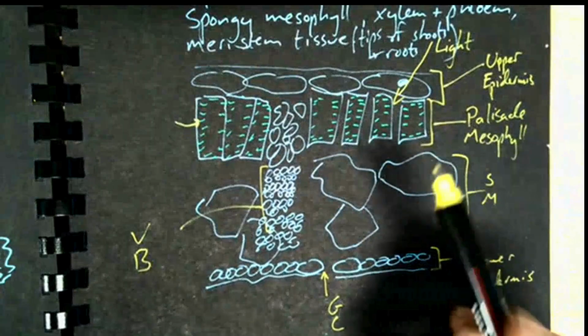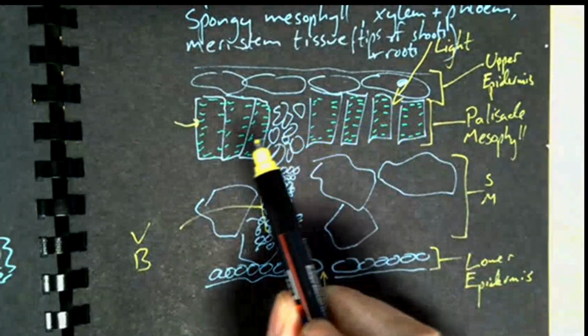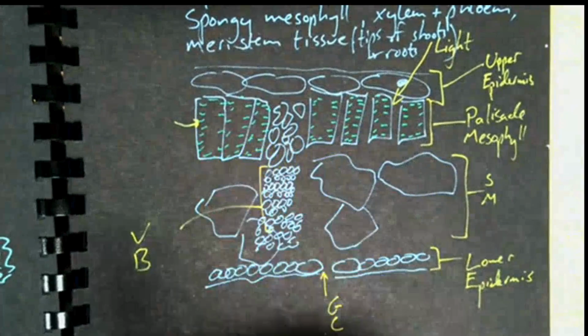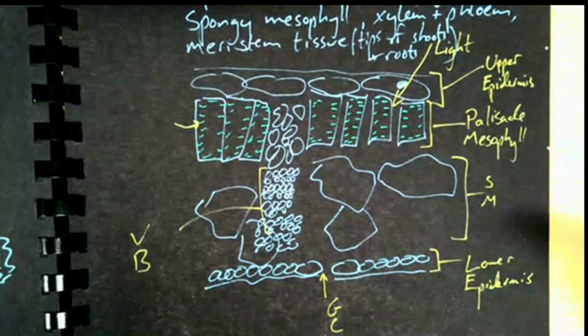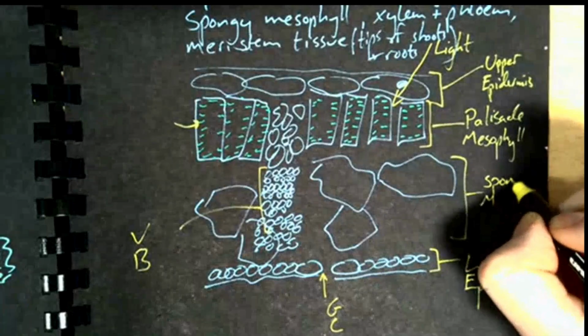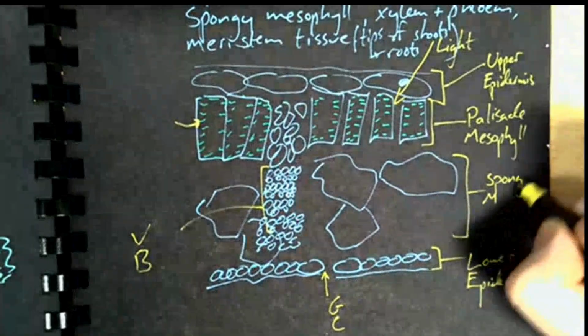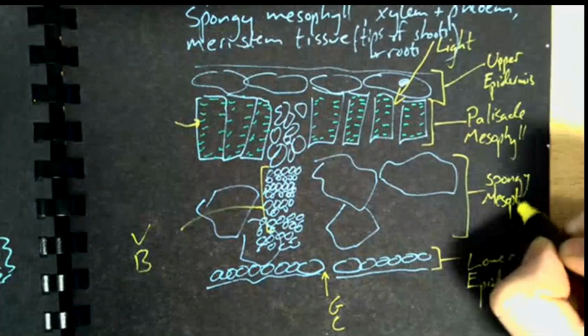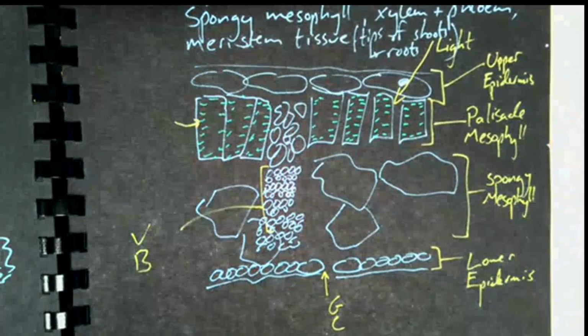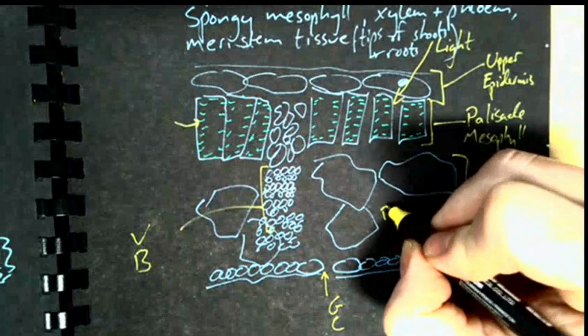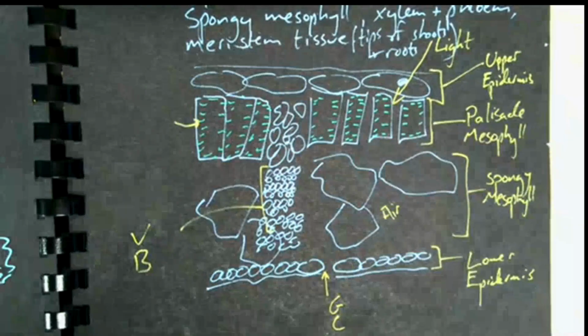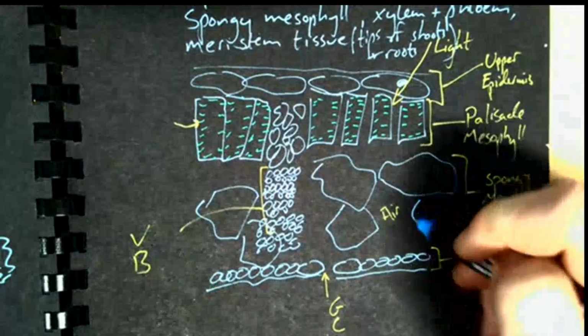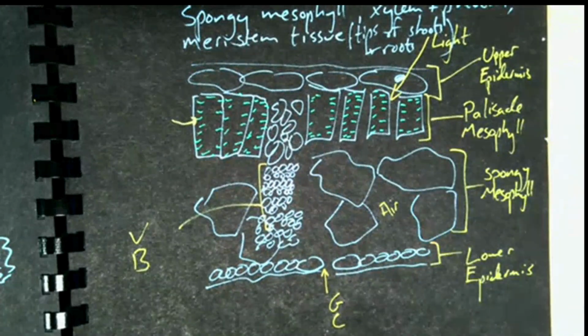And you've got this lovely regular shape, like a stack of bricks all next to each other. And underneath that, you've then got your spongy mesophyll. And this has got lots of air spaces. So although, yes, my diagram is unfinished, stick another cell in there.